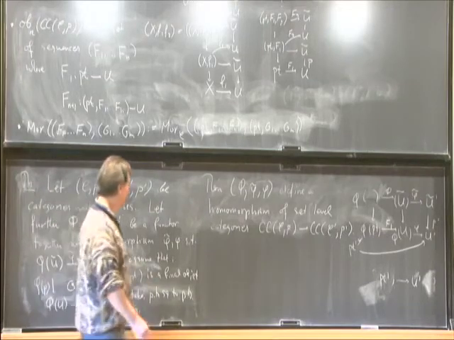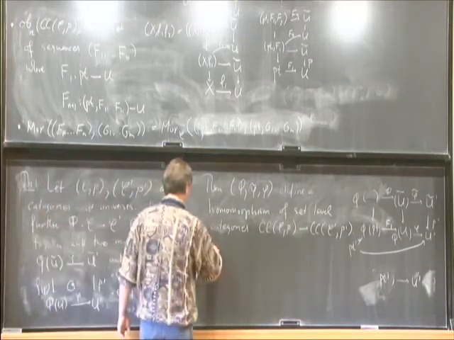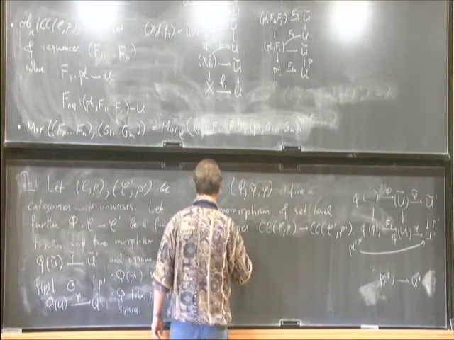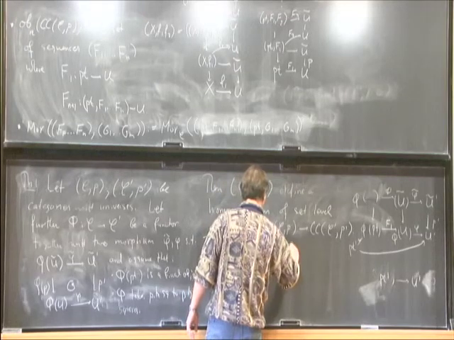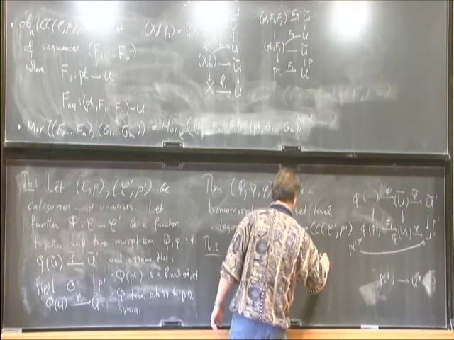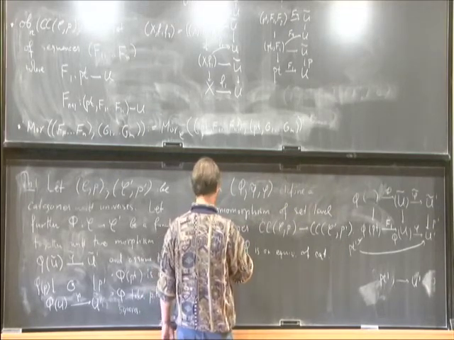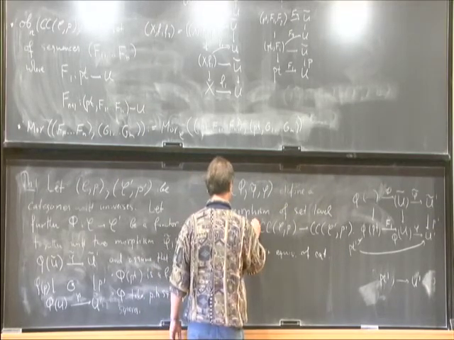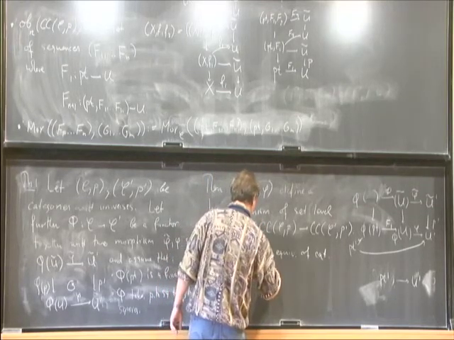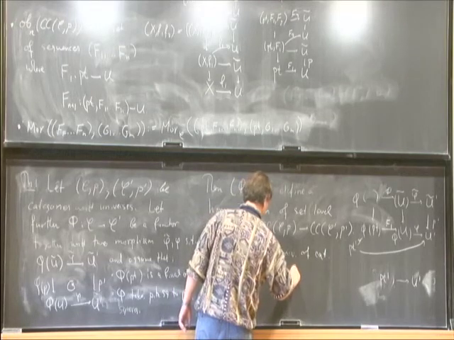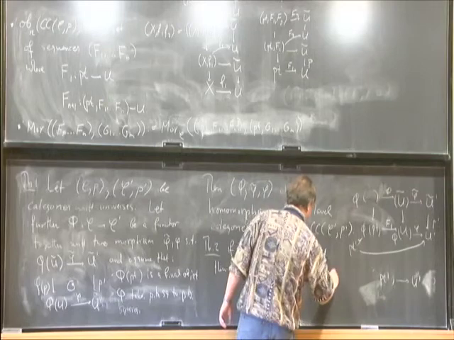Now that may be construction 1, and then theorem 2 is: if phi is an equivalence of categories, I don't need anything else, then, let's denote it CC of phi, CC of phi is an isomorphism of set level categories.